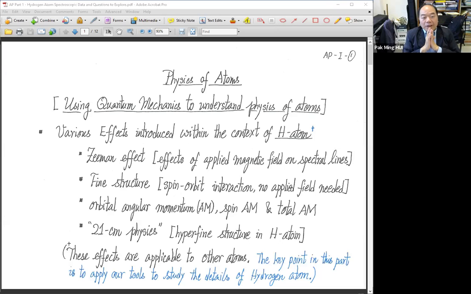So let me share the first introductory part in a new module that I call the physics of atoms.